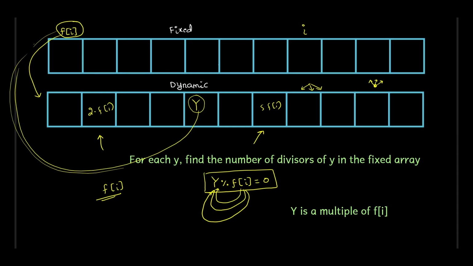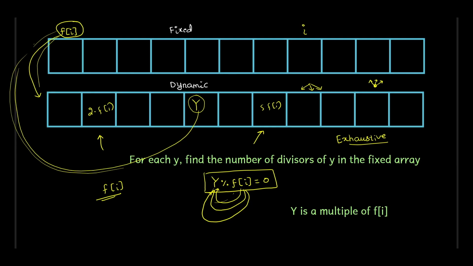At the end, you can see that this process is exhaustive, meaning it has covered all the possibilities. Because there is a bijection: if f of I is a divisor of y, then y has to be a multiple of f of I. So iterating over all the multiples of f of I is as good as iterating over all the divisors of an element y.